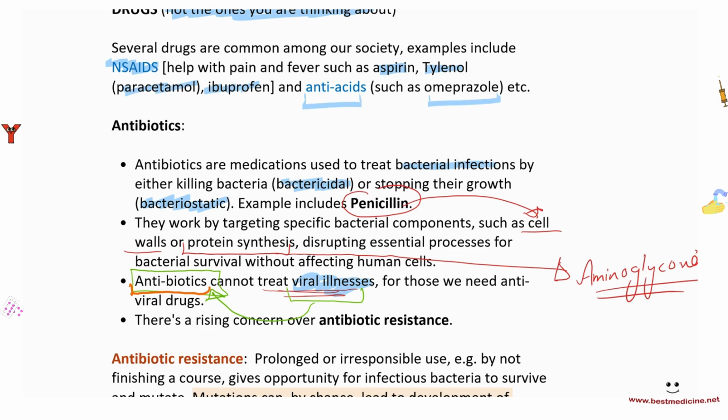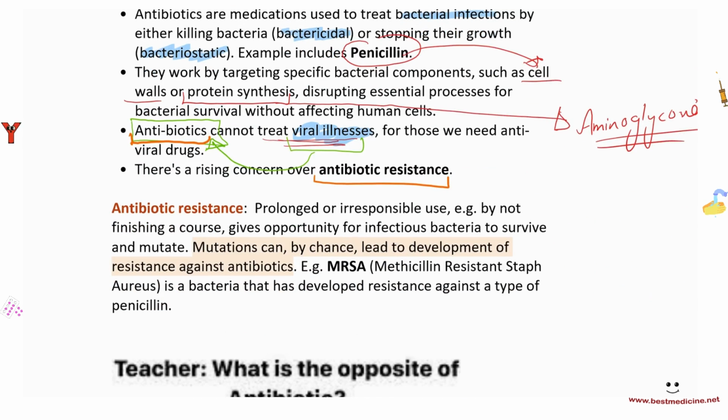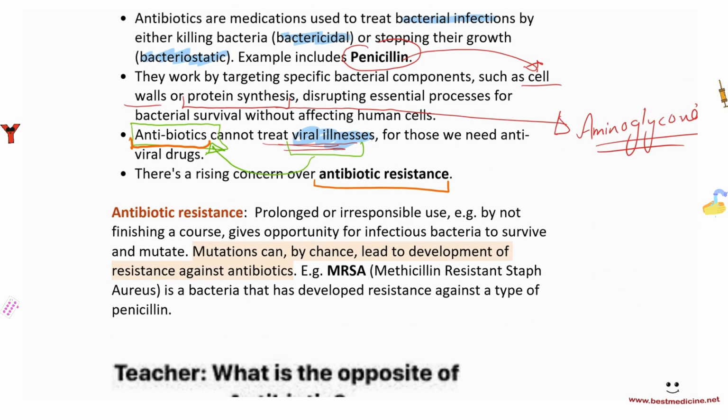That was chickenpox. Okay, so there's a rising concern now over antibiotic resistance, something that we already had a look at before as well. Now, antibiotic resistance can result due to, and I already asked you a question on this before, so hopefully you have answered that question in the previous video, but the answer is given in this text here.